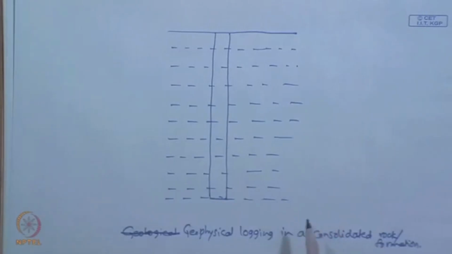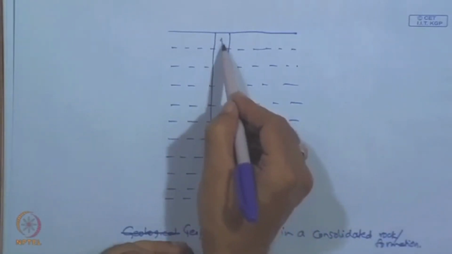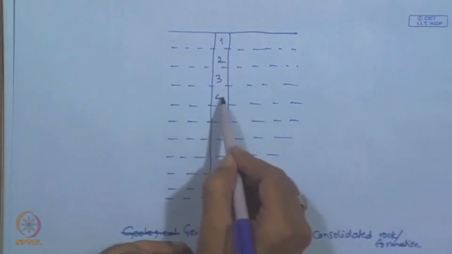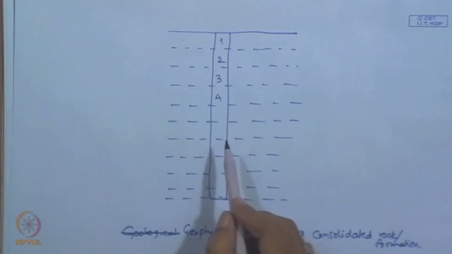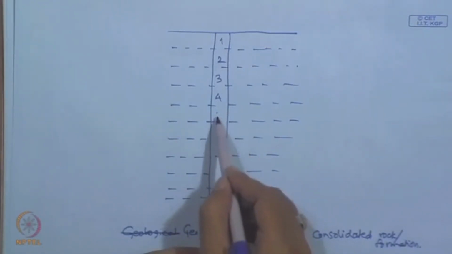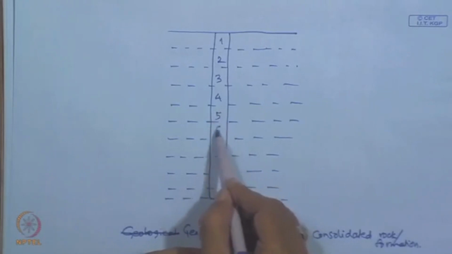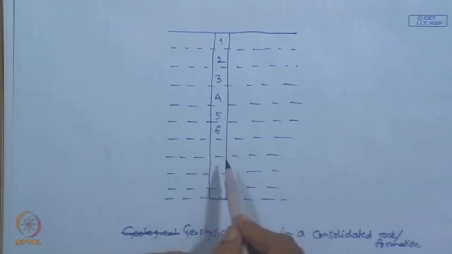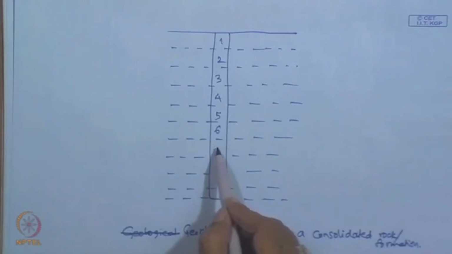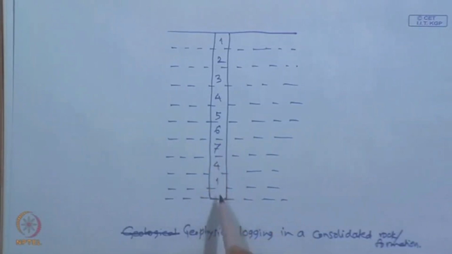Let us say we number these formations as 1, 2, 3, 4, then 5, 6, then 7, 4, 1, maybe 2.